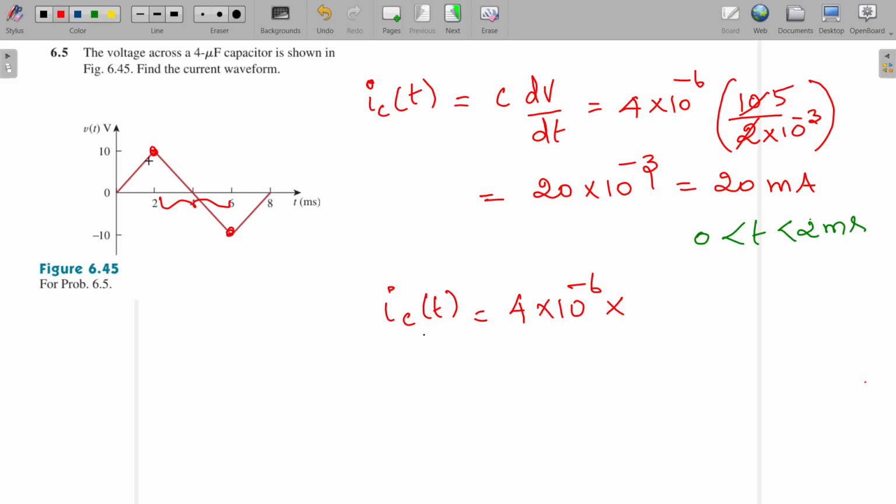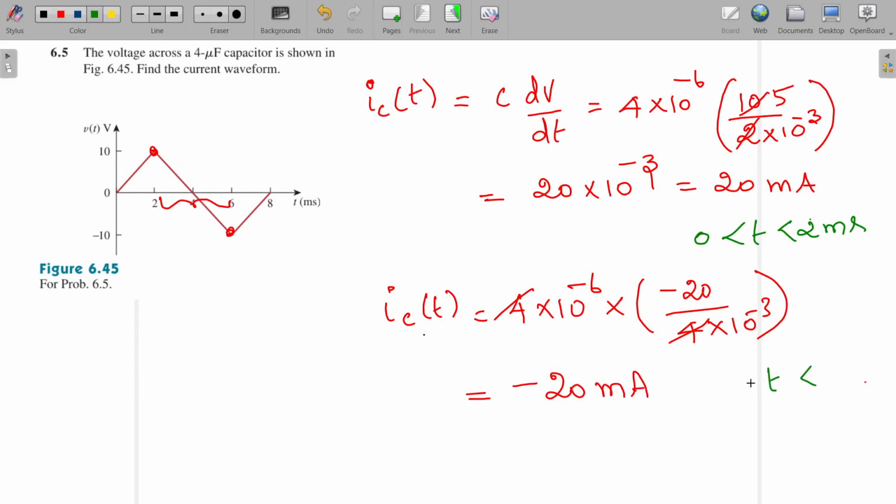So it is minus 10 to minus 10, so this is minus 20 volts, divided by the time period of 4 milliseconds, so 10 power minus 3. You can cancel out these two, so we get minus 20 milliamps for the time period t between 2 to 6 milliseconds.